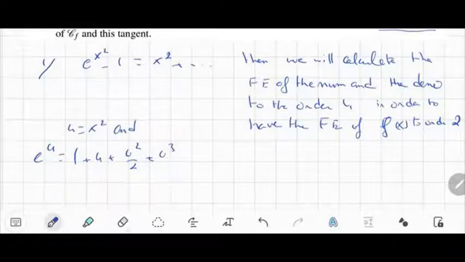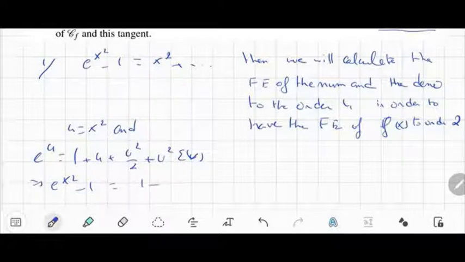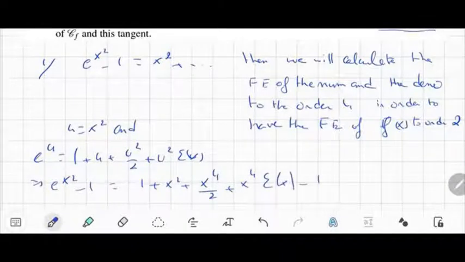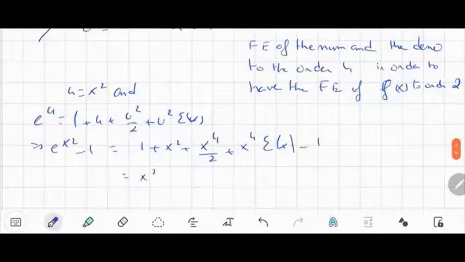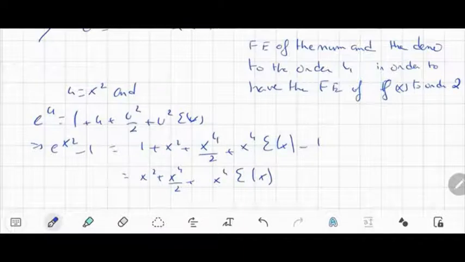That's why we'll stop at 2 in the formula of e^u to finish by an order 4. Then e^(x²) − 1 is equal to 1 + x² + x⁴/2 + x⁴ε(x) − 1, which will be equal to x² + x⁴/2 + x⁴ε(x). So this is the finite expansion of e^(x²) to the order 4 in the neighborhood of 0.